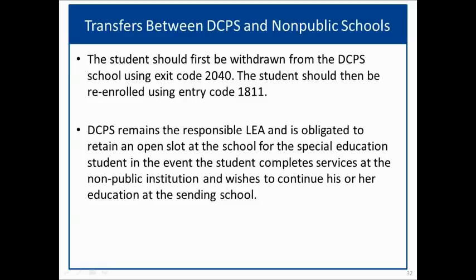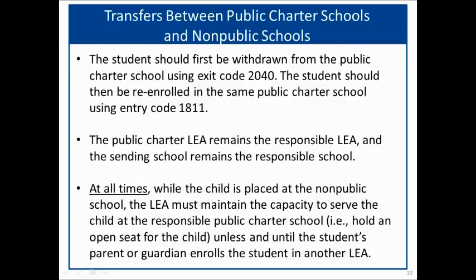And then the student should be re-enrolled using entry code 1811, which is continuation. When it's transferred, DCPS remains, in this example, the responsible LEA and is obligated to retain an open slot at the school for the special education student in the event that the student completes services at the non-public and wants to continue his or her education at that sending school.